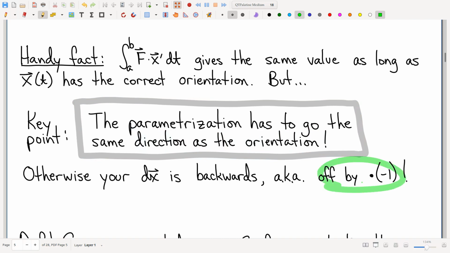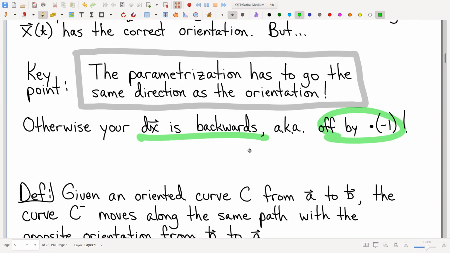If you go in the wrong direction, every single one of your dx's is just going to be backwards. Instead of this, you'll have a negative sign in every single term in your summation, and that's bad, but it's also conveniently simple: your total will be off by just a minus sign. So anyway, that does matter. You do have to be careful about it. The orientation makes a difference.